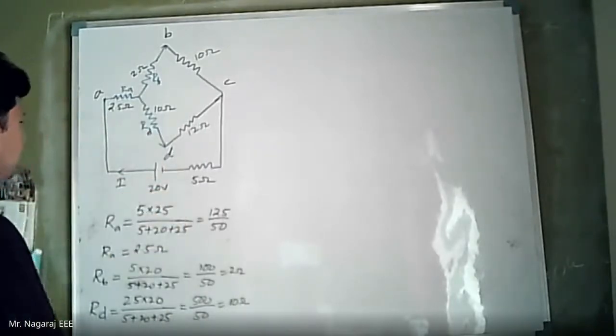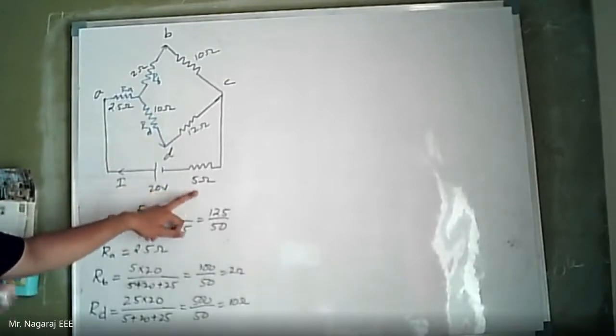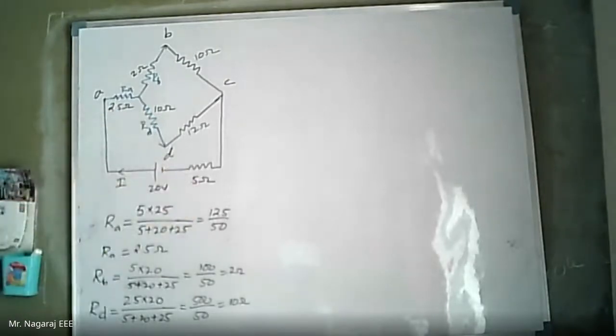Don't think that this is a different branch. 2.5 ohm, 20 volt and 5 ohm, they are all in series. So 2.5 ohms and 5 ohms will come in series.